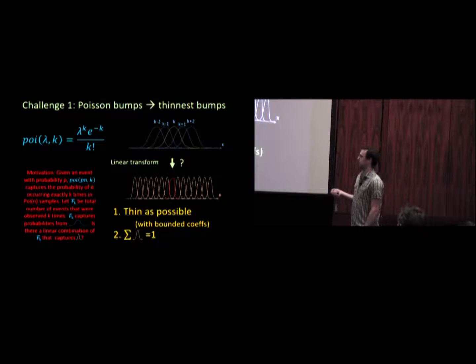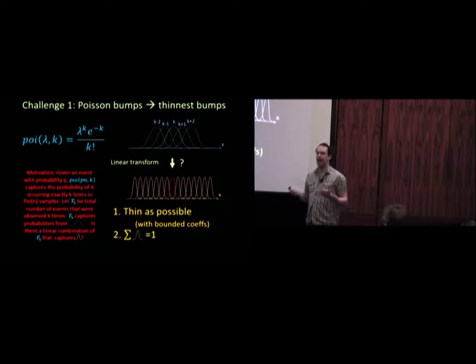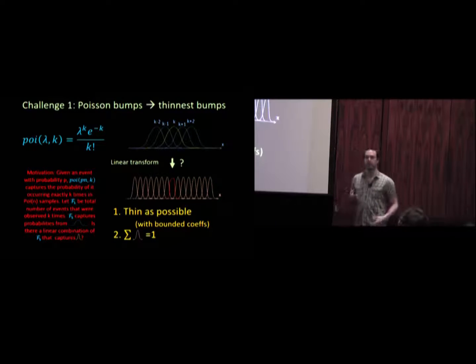So the question is, is there a linear combination of our observations that will simulate having made a much more refined survey of our data? Can we emulate having much higher resolution access to the probabilities, as would happen had we taken more samples? So this is the question.